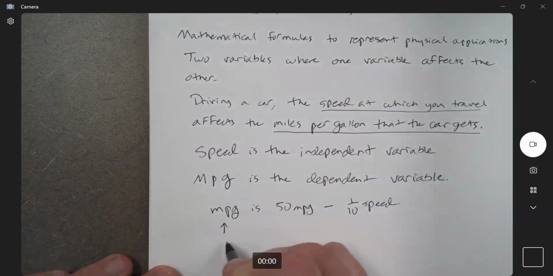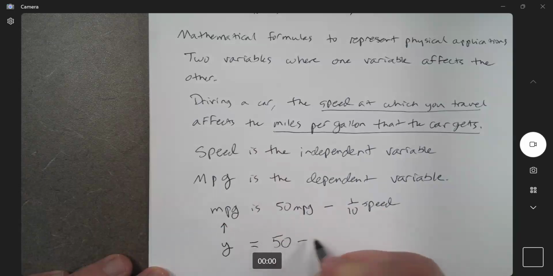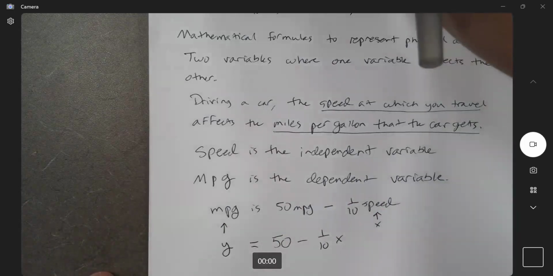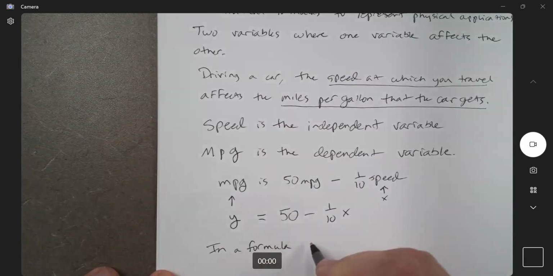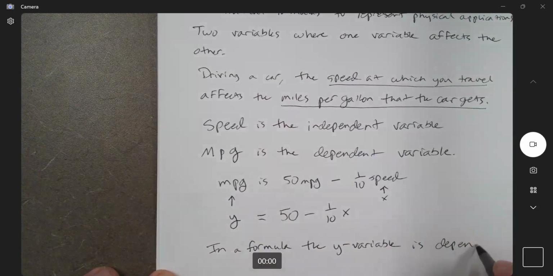And if I label miles per gallon y, and I transform this into an equation, it'd be y equals 50 minus 1/10 x. Speed is x. So this means generally in a formula, the y variable is the dependent variable.